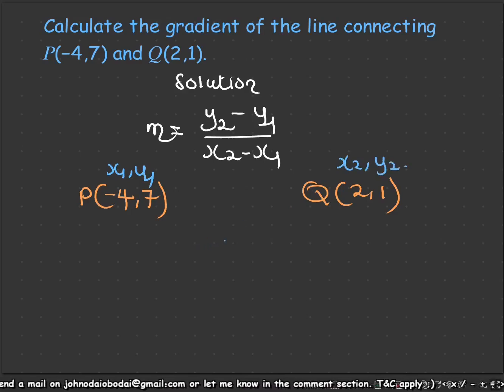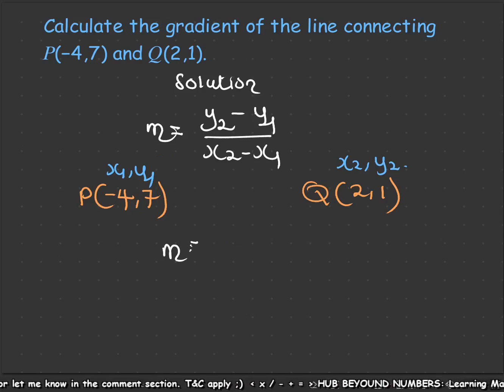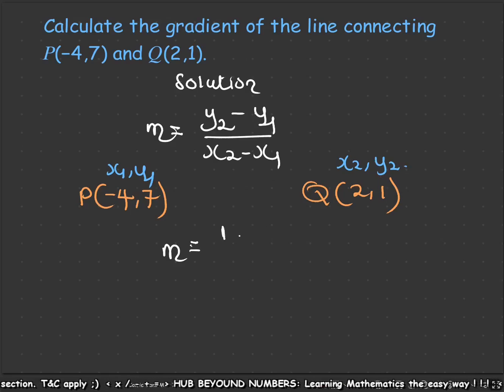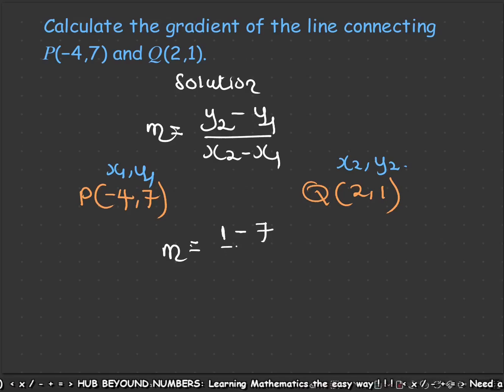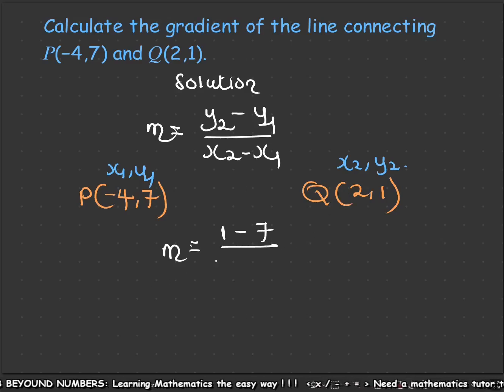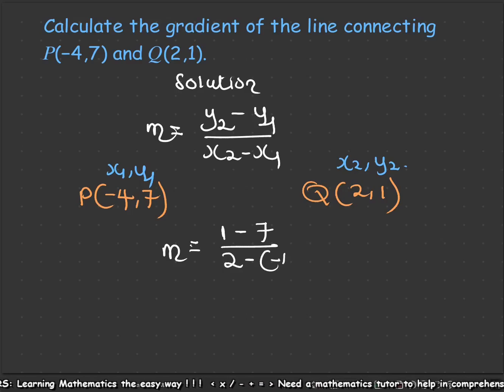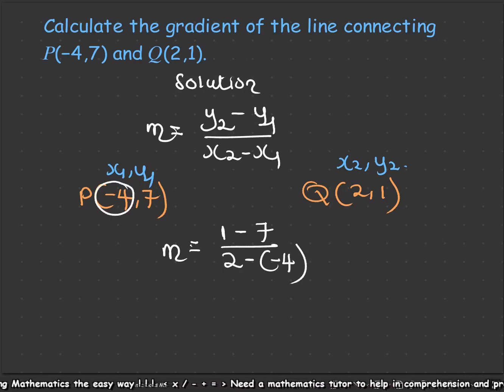You see? So now substituting for our m, we are going to get our m, which is now equal to the y values. We said y2, so that is 1, minus y1, which is 7, all over your x values: 2, then minus your -4.